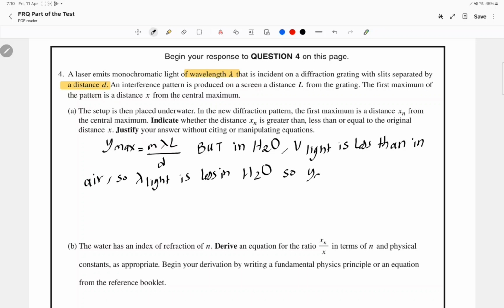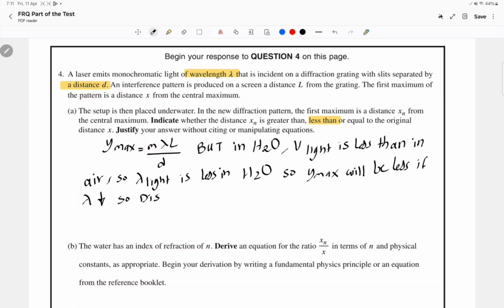And so y max will be less if lambda is less, correct? And y max just means the separation or the distance.